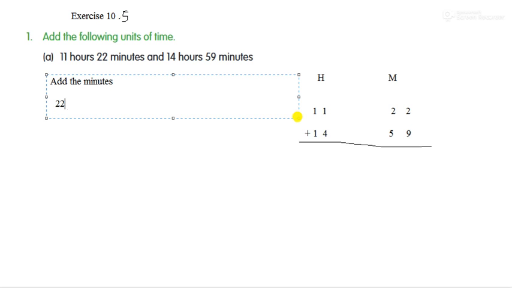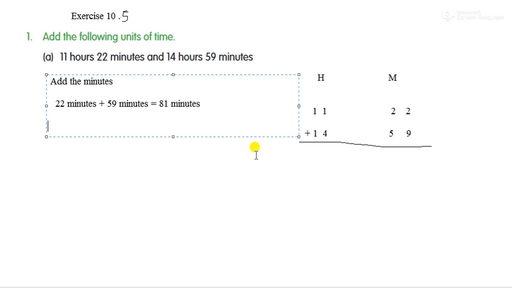Here 22 minutes plus 59 minutes is 81 minutes. So we have 81 minutes. So convert that, since it is more than 60 minutes.